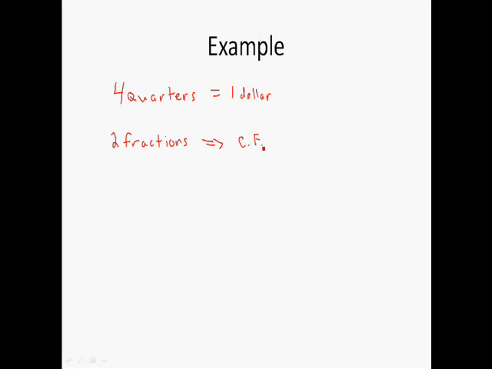If I take 4 quarters and put it over $1, that would be the same thing as putting $1 over 4 quarters. Both of these factors equal 1. They're the same thing.